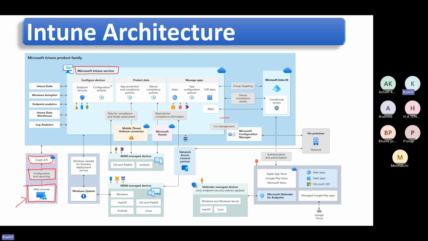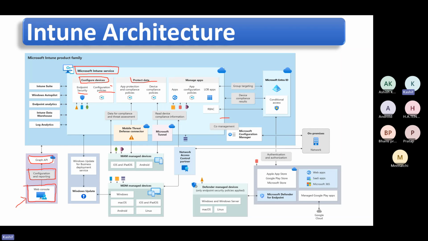The Graph API will pass on your configuration to Intune services. So if you have to configure devices, Graph API will pass on the information to configure devices, whether it is endpoint security or configuration profile.